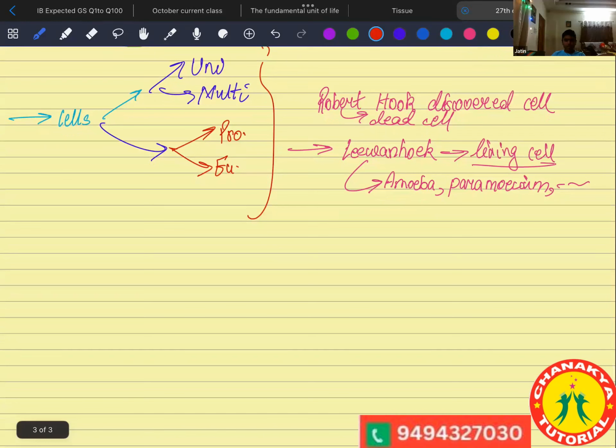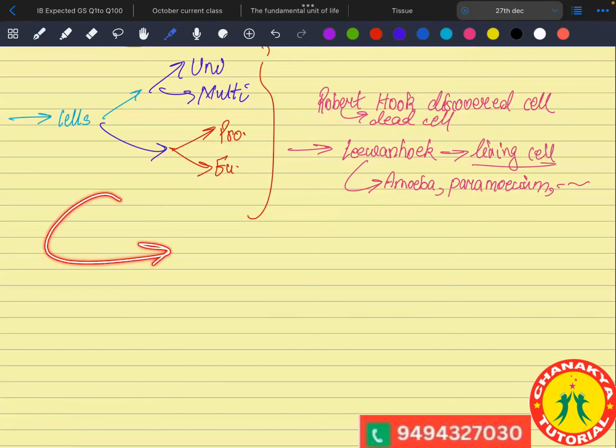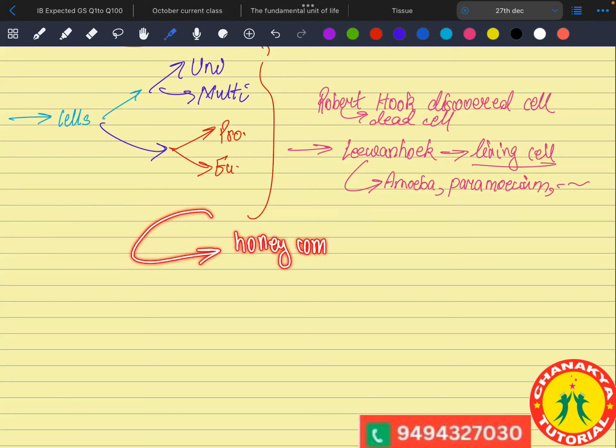So while these experiments were going on, they discovered that the cell resembles the structure of something. Can anyone tell what kind of structure they resemble? Honeycomb.